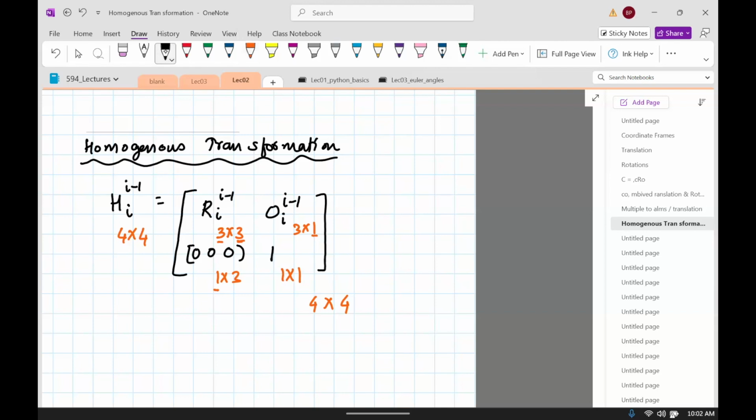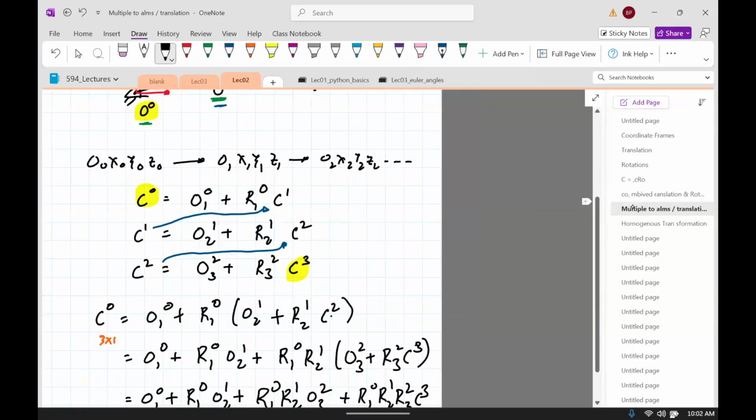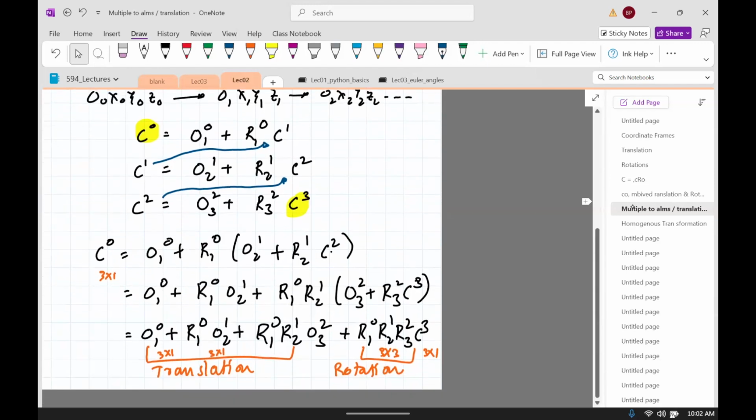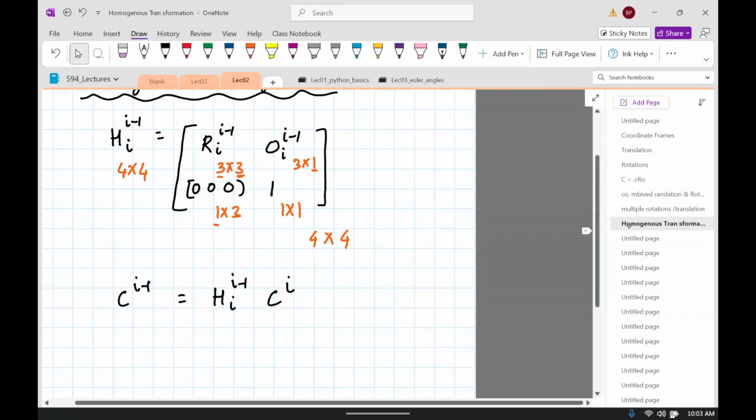Why do we want it? Well, it turns out that you can write the combined motion, translation and rotation, like this clunky formula, using just that homogeneous matrix as follows. C^{i-1} equals H_i^{i-1} C^i.